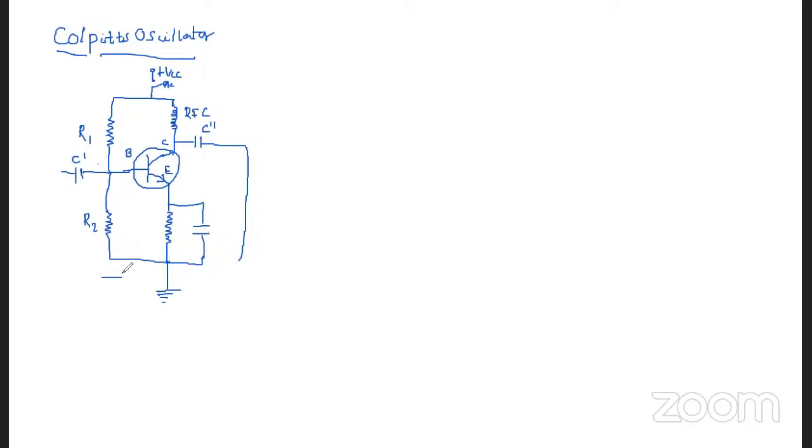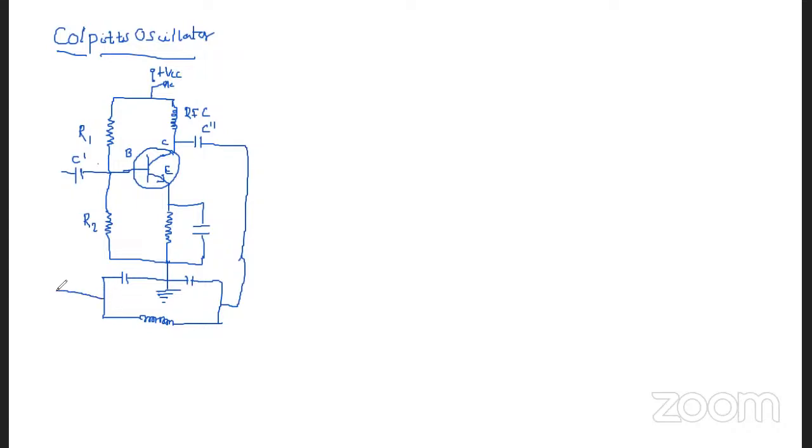And here we have the tank circuit with a combination of two capacitors. It's connected to an inductor here. And this is the feedback which you are going to get.